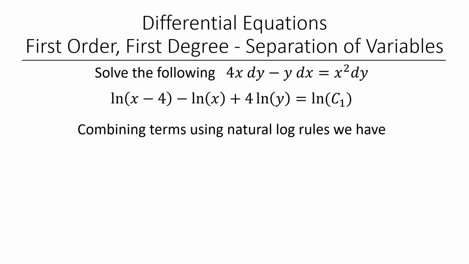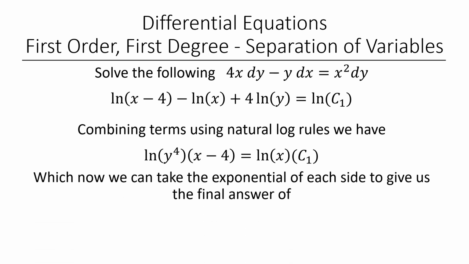So here we can combine the terms in natural logs, and so we get this in this form. Now we can simply just take the exponential of each side, and that gets us to our final answer. So this is the general solution for the differential equation at the top.